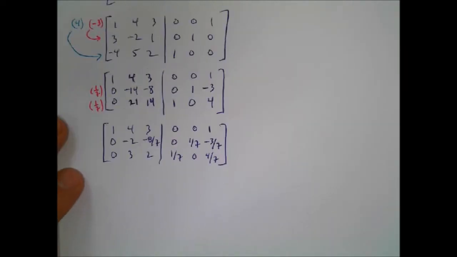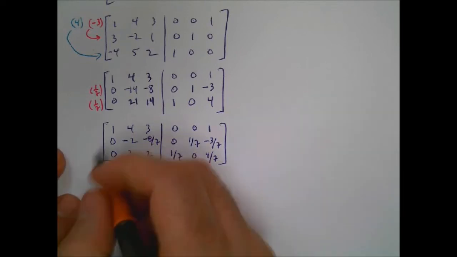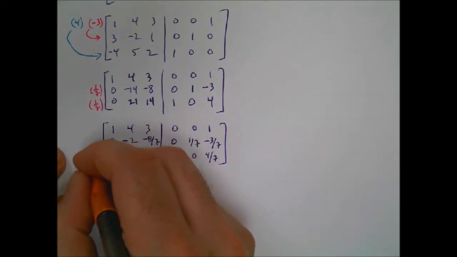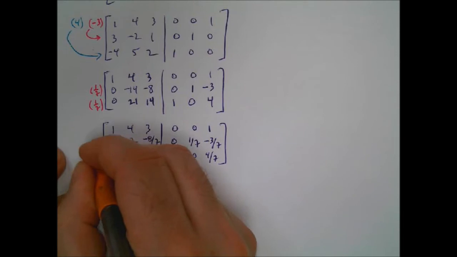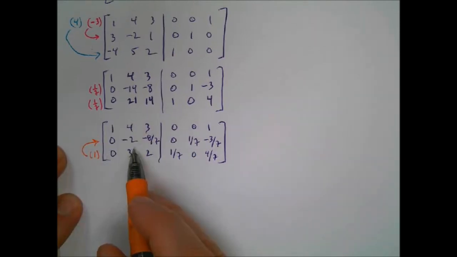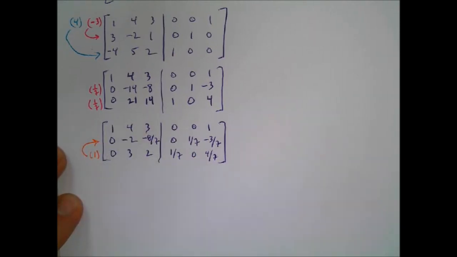Okay, now looking ahead, that looks much nicer. So in fact, I'm recognizing if I multiply the bottom row by 1 and combine it with the middle row, I will get a positive 1 right there. Okay, so I like that idea.